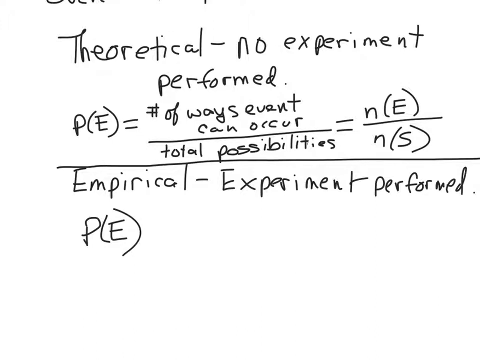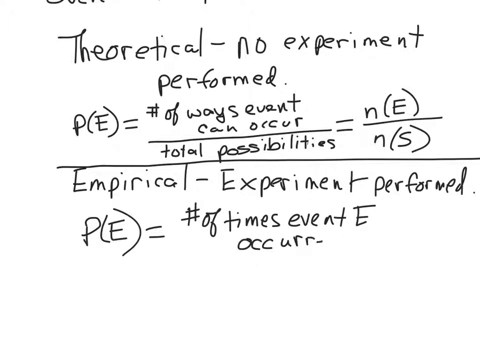The probability of an event is equal to the number of times event E occurred divided by the number of trials, the number of times I did the experiment.